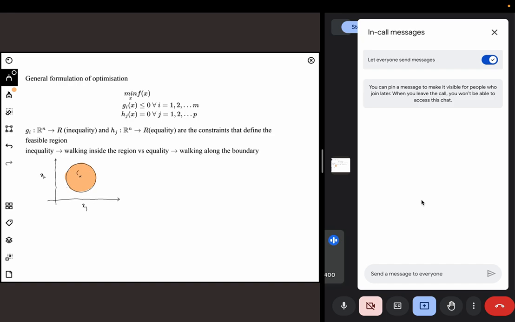There is some particular center (a, b) and the circle radius is r. If this is my feasible region, the entire highlighted area is the feasible region, and we will say (x1 minus a) square should be.